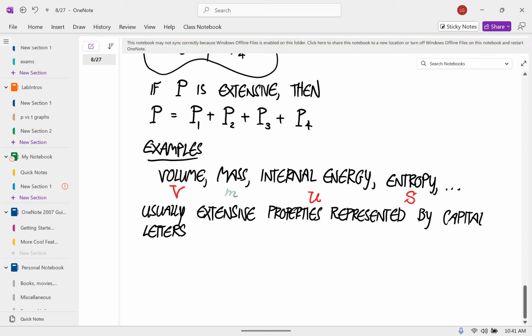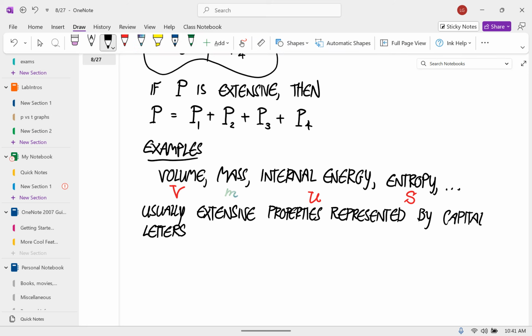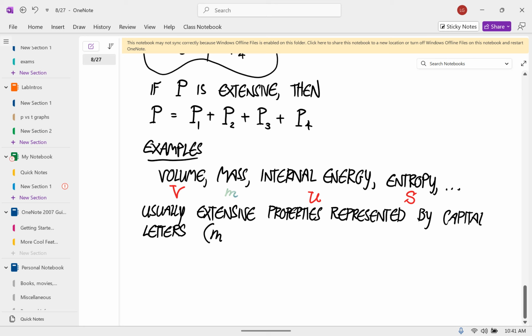This is an extensive property, but you represent it with a lowercase m. So keep that one in mind. m is an exception.